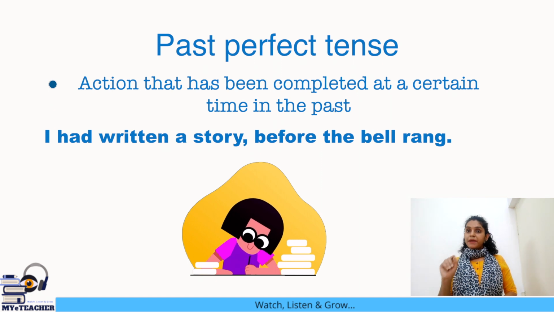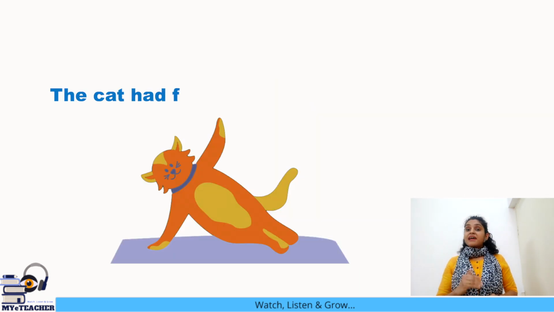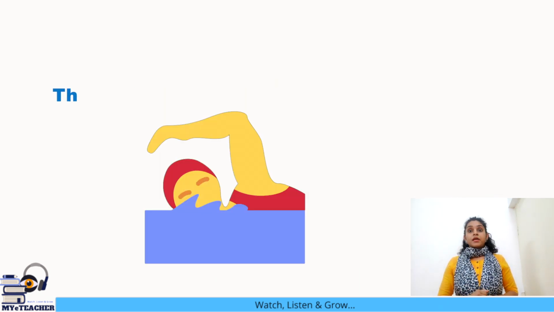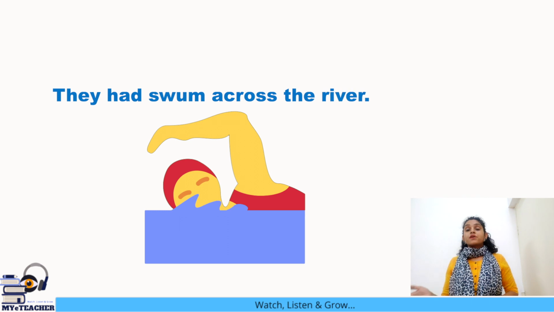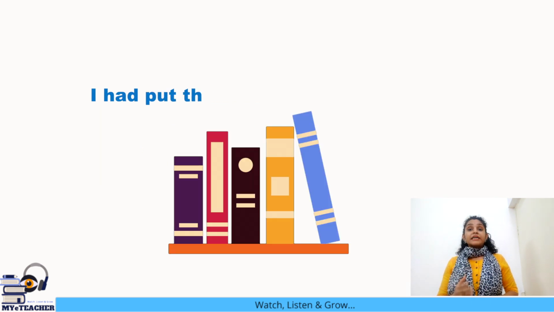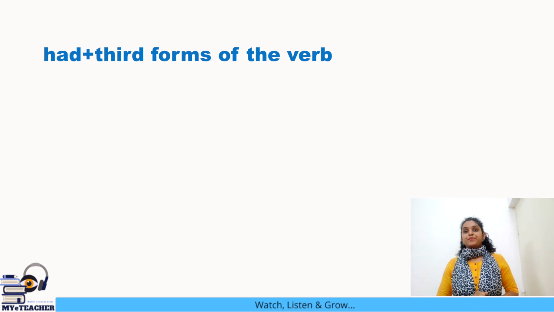So the point of time the bell rang, before that the action of writing the story had been completed. The cat had fallen down. They had swum across the river. I had put the books back. So the point of time that we are talking about, the action had been completed at that point of time.